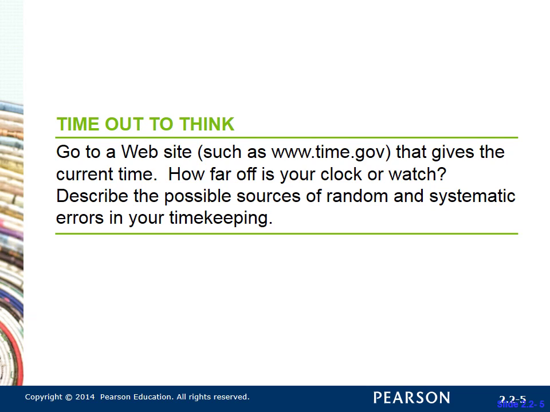If you go to the web and look at the current time, now I do this all the time, how far off is your clock or watch? Describe possible sources of random and systematic errors in your timekeeping. As I'm sitting here making this PowerPoint, my computer tells me it's 9:45, but my clock tells me it's 9:47, and if I go out to my car and look at my cell phone, those are two more that are all slightly off.